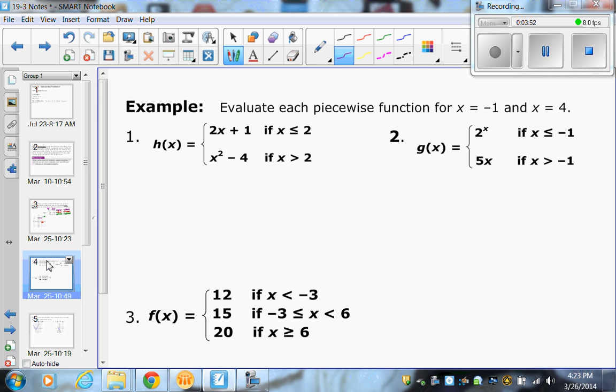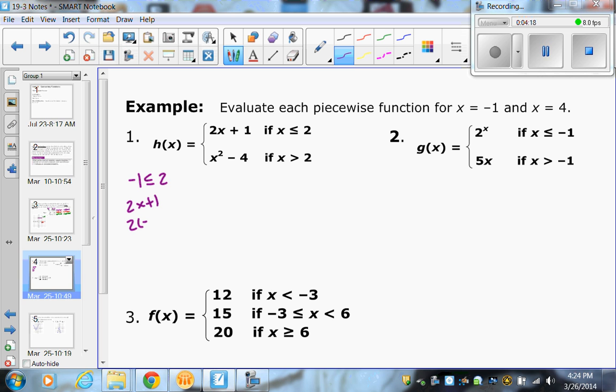Next, we're going to evaluate piecewise functions. In this case, the directions say to evaluate each for x equals -1 and x equals 4. First things first, for x equals -1, you want to decide which part of the domain -1 fits. So is -1 less than or equal to 2? Yes. So since -1 is less than or equal to 2, I'm going to use the function 2x plus 1 and plug in -1.